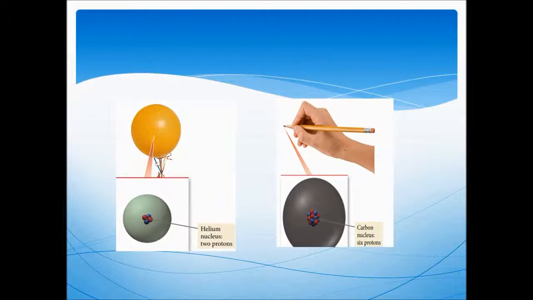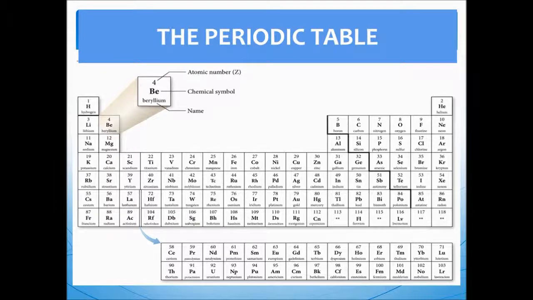These numbers are extremely important for identifying atoms. All the elements are arranged in order of their atomic number, and this arrangement is called the periodic table.